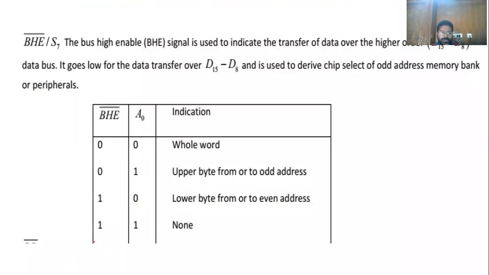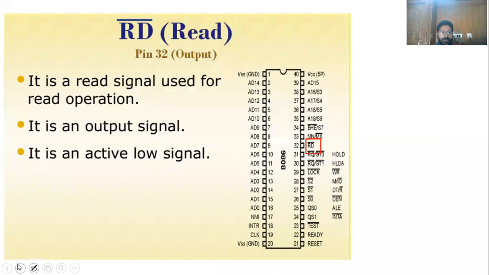Yes, you can see this. If this BHE and these lines indicate the lines. Now see this read signal. Read means a copy signal. If this is the CPU, when you read a book, you gather the information. So this is the memory.